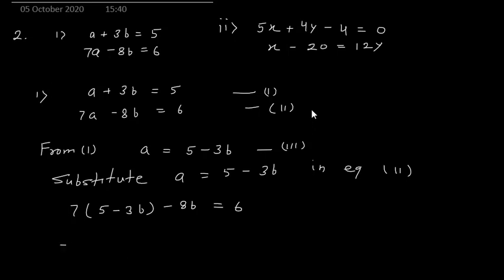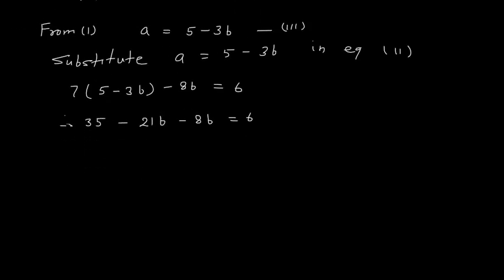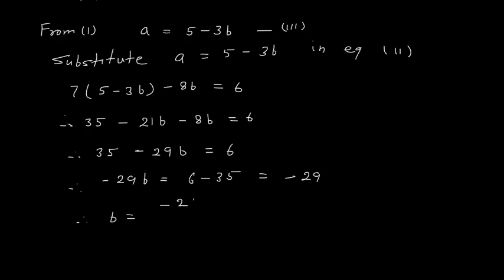So 7 5s are 35, minus 7 3s are 21b, minus 8b is equal to 6. 21 and 8 become 29, so 35 minus 29b is equal to 6. So minus 29b is equal to 6 minus 35. Now 6 minus 35 is minus 29. So b is minus 29 divided by minus 29, which gives me the value 1.